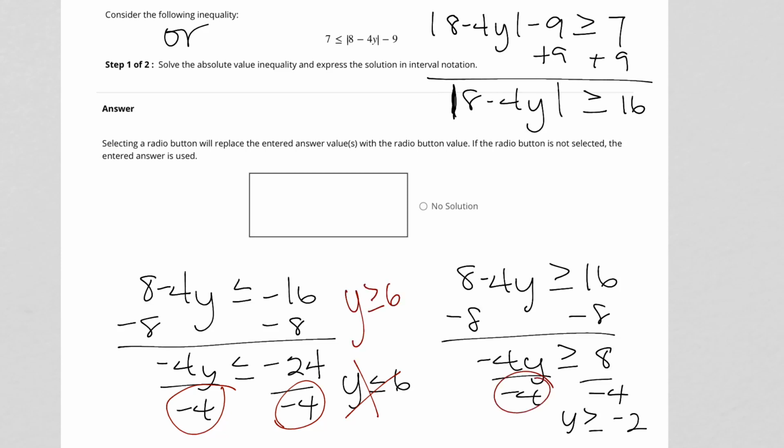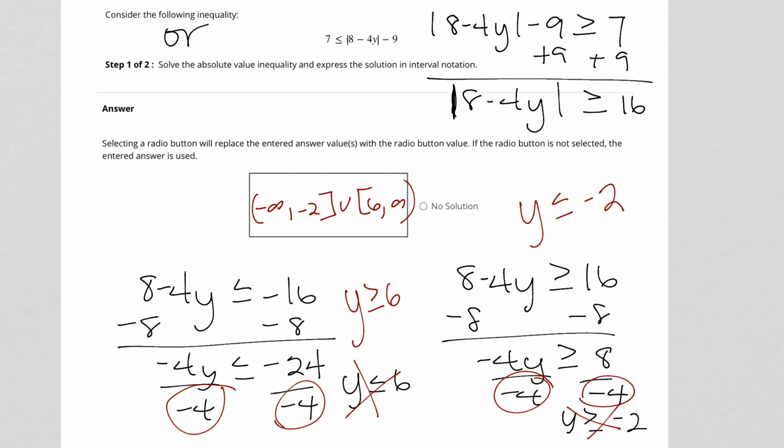Same thing over here. I divided by a negative 4. So instead of y being greater than or equal to a negative 2, it should have been y less than or equal to a negative 2. And that makes more sense. And in this case, I'm going to have negative infinity to negative 2 with a bracket, and I'm going to union that with 6 with a bracket to positive infinity.